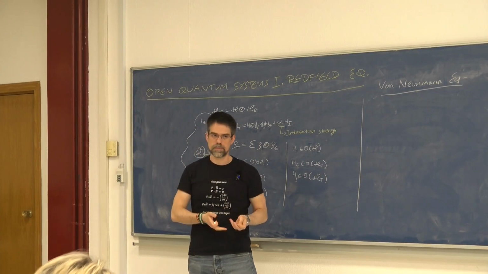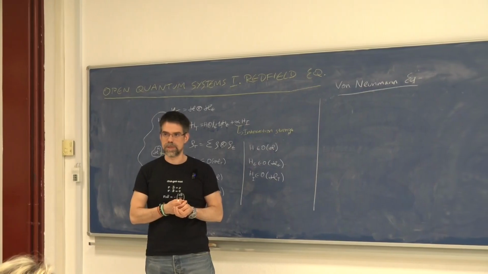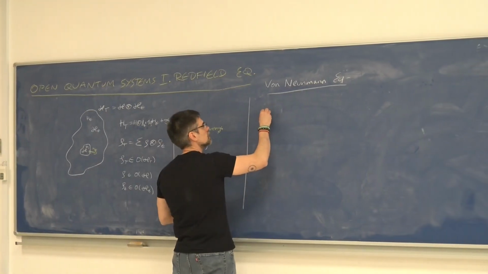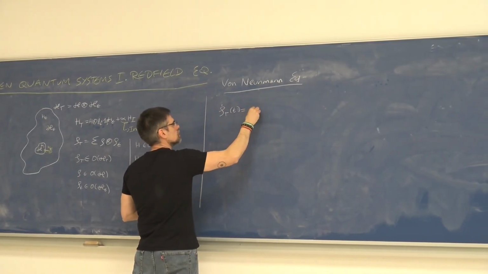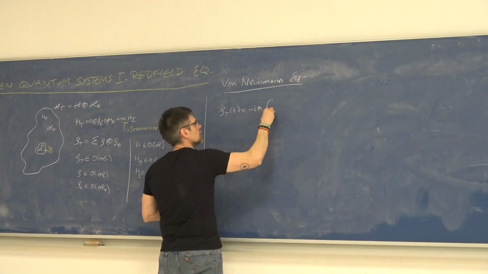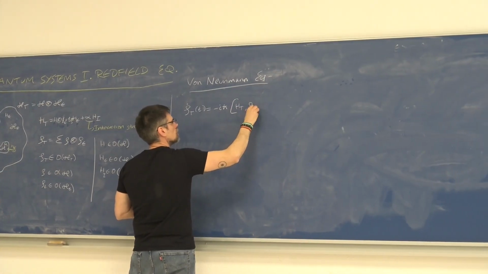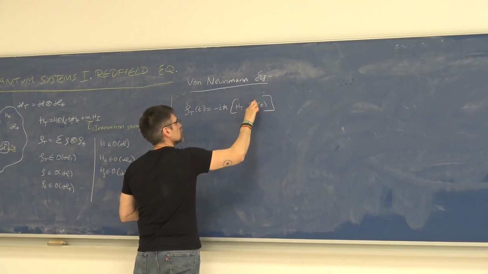If you have pure states, it will be the Schrödinger equation. As in general we work with mixed states, it is the von Neumann equation, which is just the total system dynamics given by this equation: i h bar rho dot total of t equals the commutator of H total with rho total.